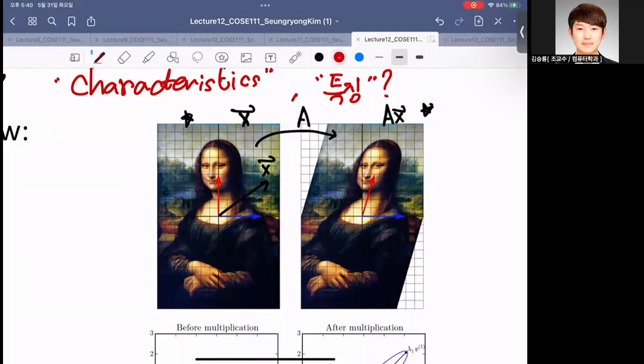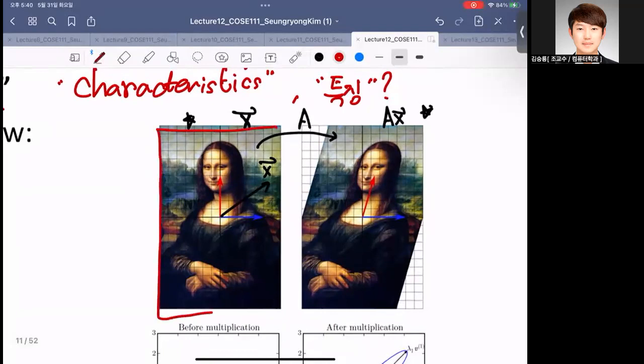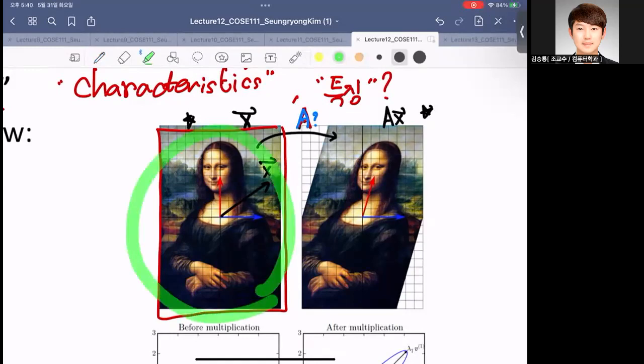When we transform original images like this, by using an arbitrary matrix A, let's suppose that it moved to like this. Then from here, how to understand this matrix A, or how can I expect the original image from here to move or transform to look like this? This is the eigenvectors and eigenvalues.